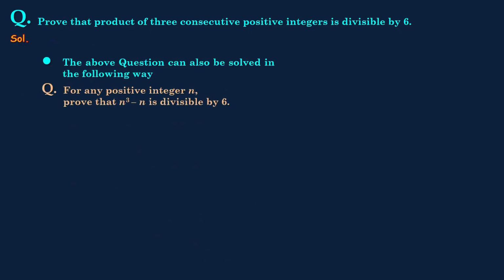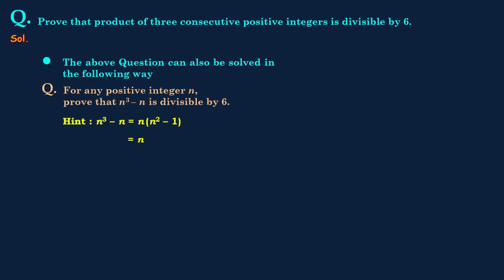Now, if the problem is given in this way, that for any positive integer n, prove that n cube minus n is divisible by 6, it is the same problem that we did earlier. Why am I saying this? Because n cube minus n, we can represent as n into n square minus 1.